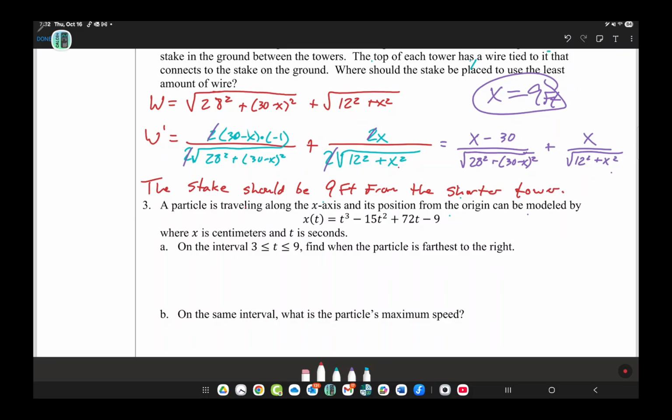But when I have to put it across the river, it has to be dug underground. It's a lot more money to place it there. So we have to figure out what location should I start digging underground to minimize the cost of putting this wire up? So stuff like that happens. I think that was one of the business calc questions we had. It was a really fun question.